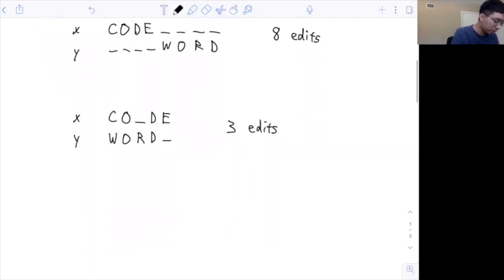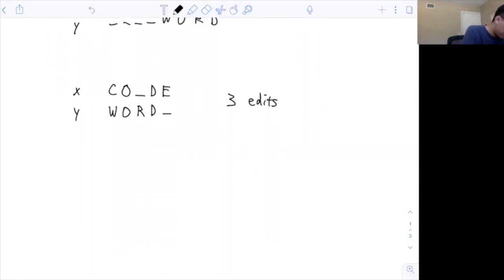Just elaborating on what this notation means. Whenever you see a letter at the top followed by a blank at the bottom, this is a deletion. Whenever you see a blank at the top followed by a letter at the bottom, this is an insertion.